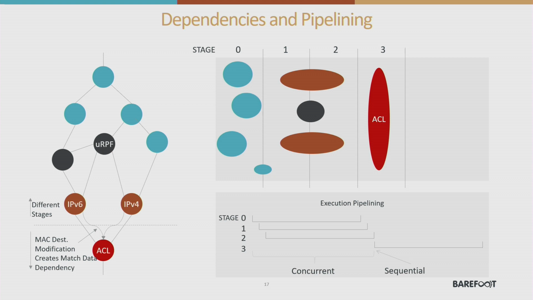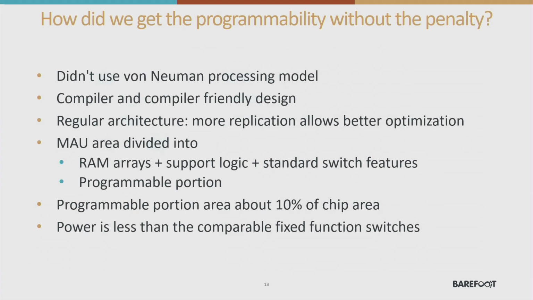For example, if the IPv4 table near the bottom produces a result which modifies a field in the packet header vector that the next table, the ACL table, is going to use to match on, the ACL table can't even start until the IPv4 table is finished. So those two stages must run sequentially, but multiple stages with no data dependencies run concurrently.